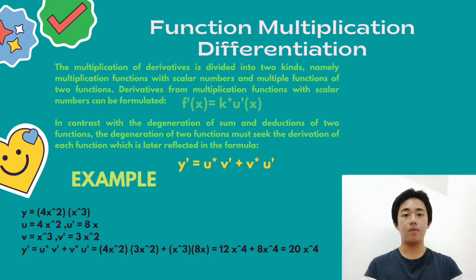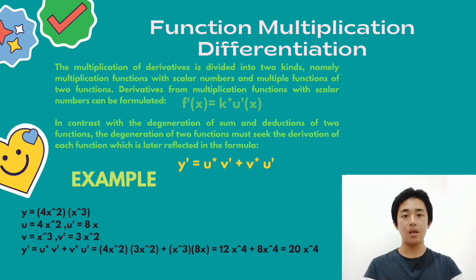What is the derivative of u? So we multiply 4 with 2, the 2 from the power of the number, or we call it square. So 4 times 2 equals 8. And in the power of the number, we minus 1. It leaves us with 1. And usually, if it is left with 1, we don't write it.